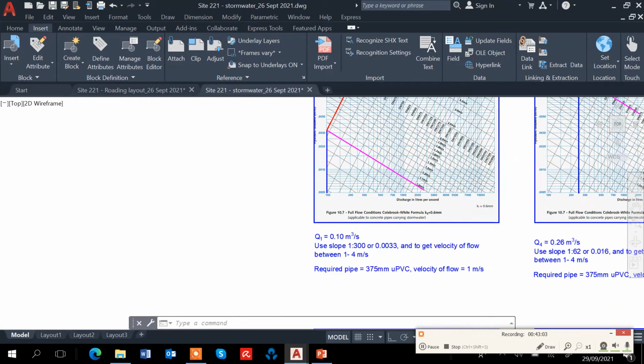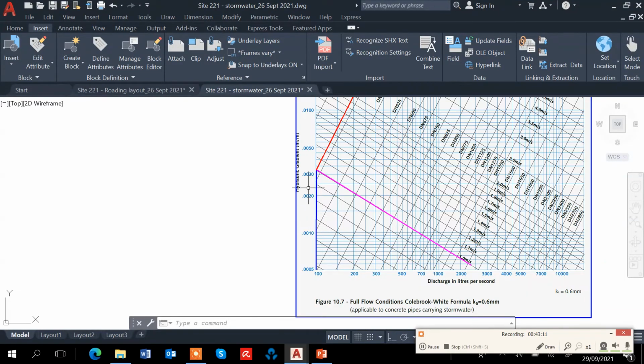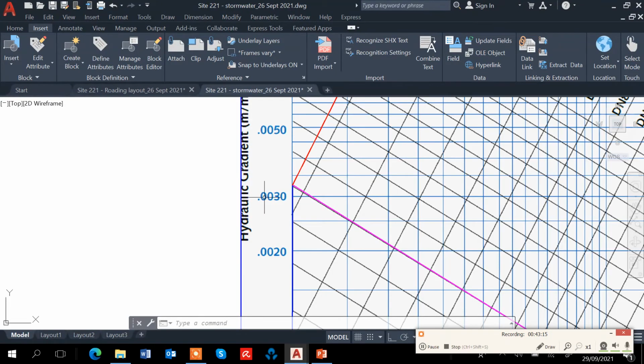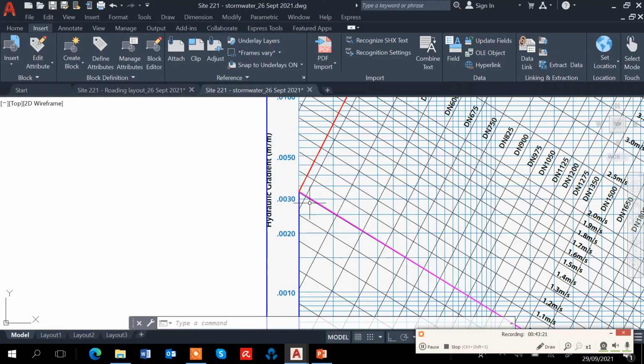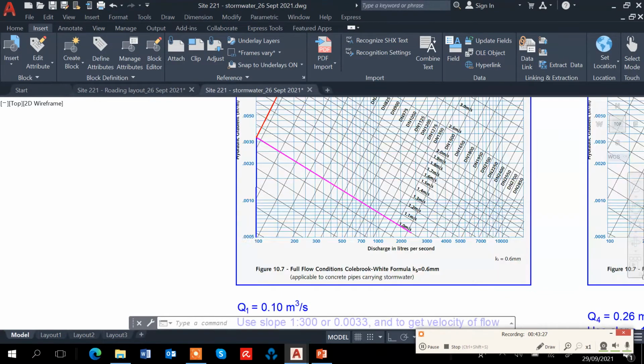The Colebrook-White is discharge in liters per second, so 0.1 is 100, and the slope 1 in 300 equals 0.0033.